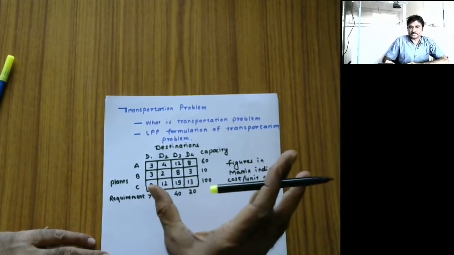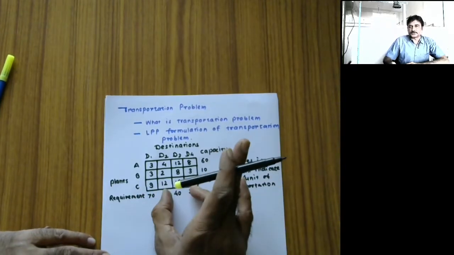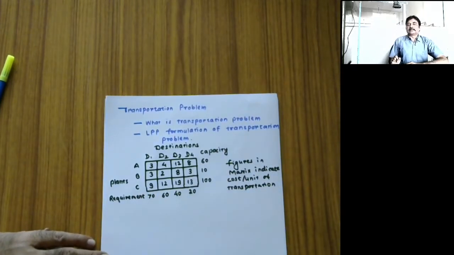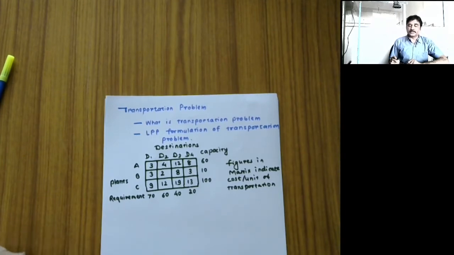If your problem can be structured into this format, then that also can be solved by the algorithm which I'll be explaining under the transportation problem category. So the point is, it's not only the transportation problem which will be handled by the algorithm we will be discussing.